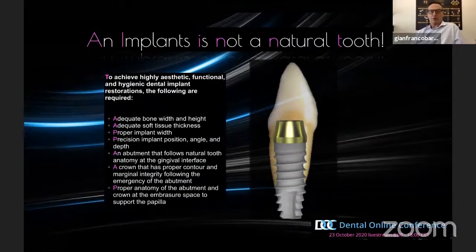This morning, of course, I'm not going to talk about surgery or how to choose the kind of implants, because it's not my job, but it is really correlated to what we do, because the position, the diameter, the precision and the emergence of the implant are strictly correlated to our job.